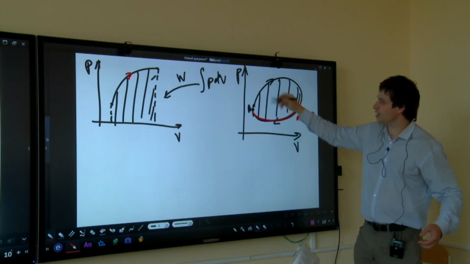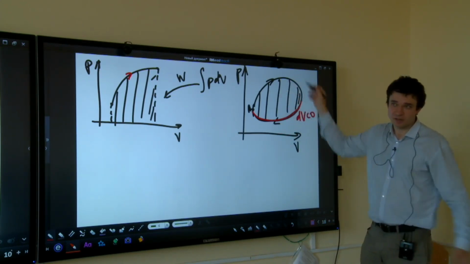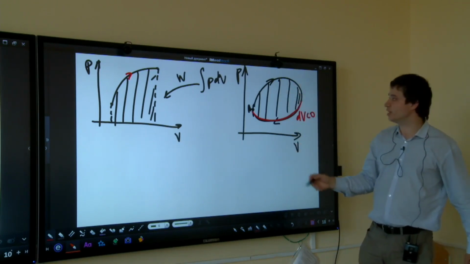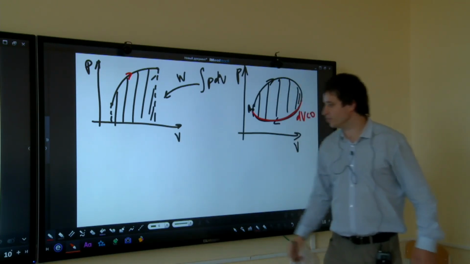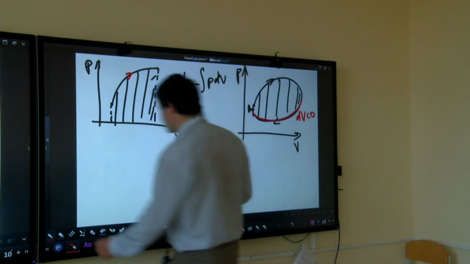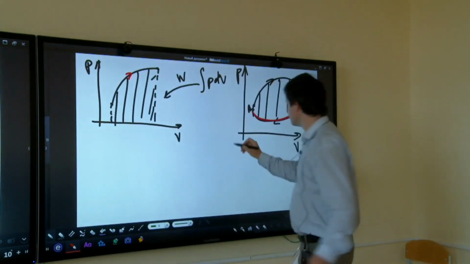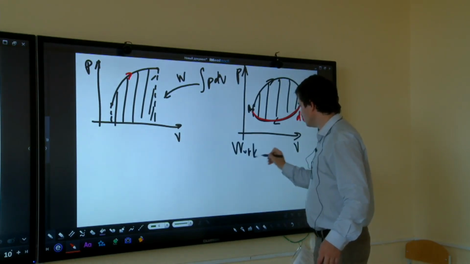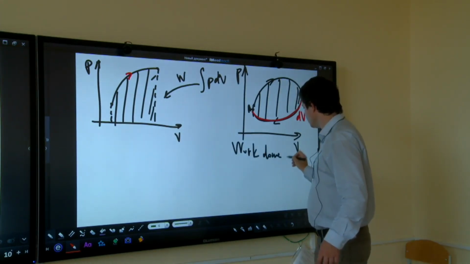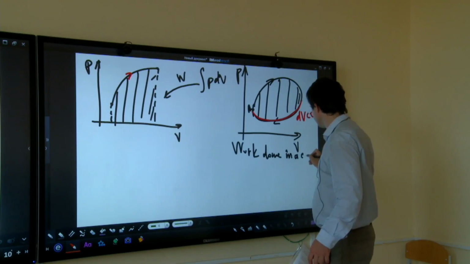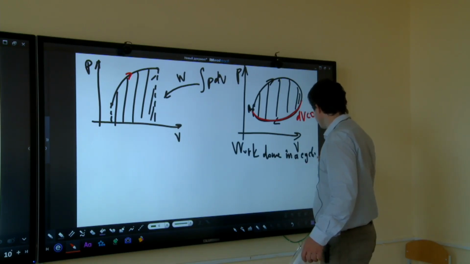What remains is only the area encircled by my plot. So that's the work done in a cycle, in a cyclic process.